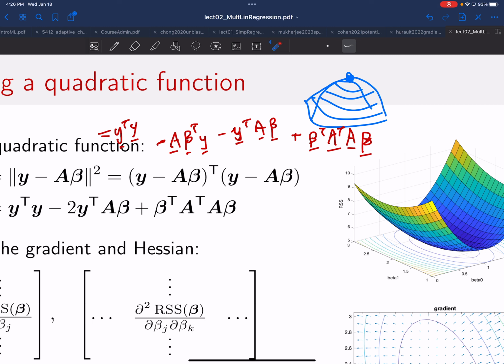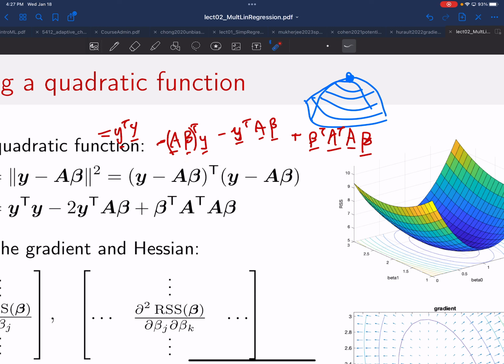And once I transpose it, remember that when you transpose a product of matrices, you have to reverse their order and transpose them individually. So when I transpose this, that's what gives me this y transpose times, oh, I actually have a typo here. This is actually the quantity A beta transpose.